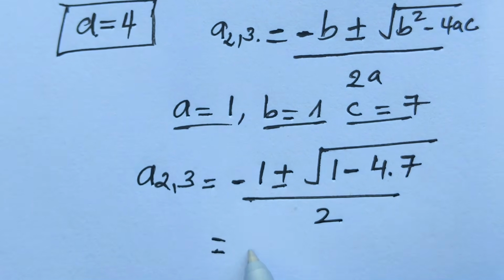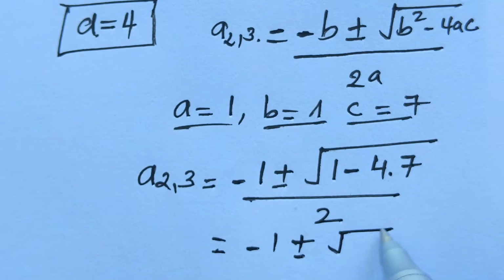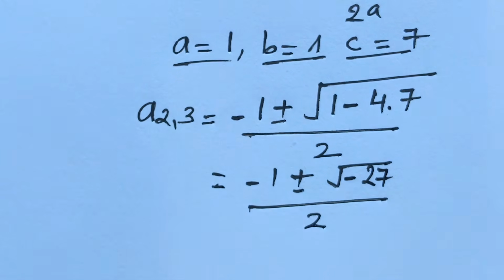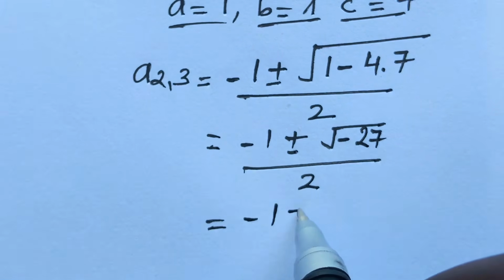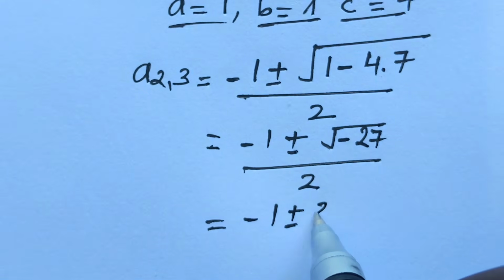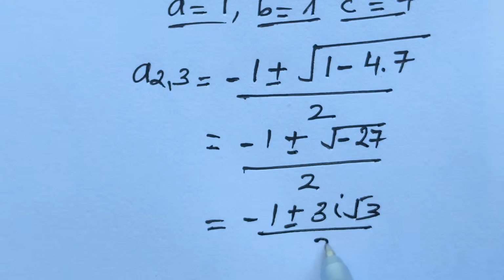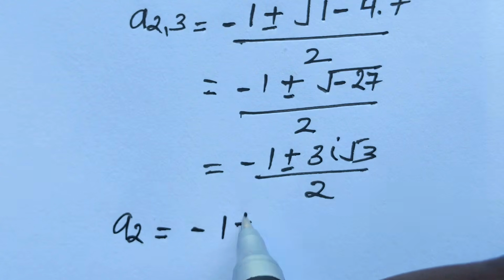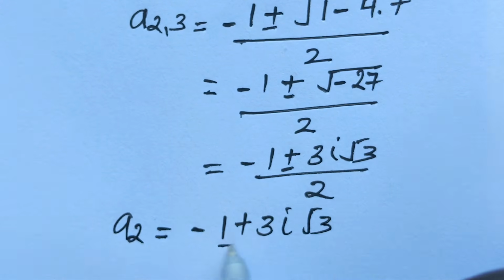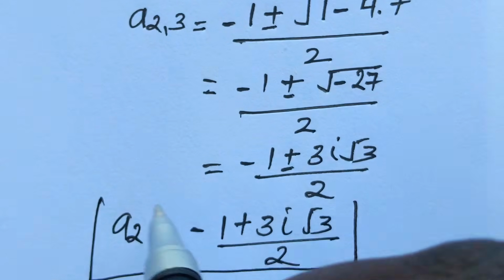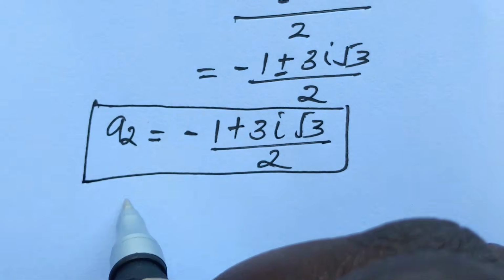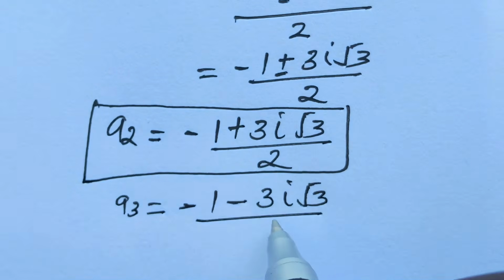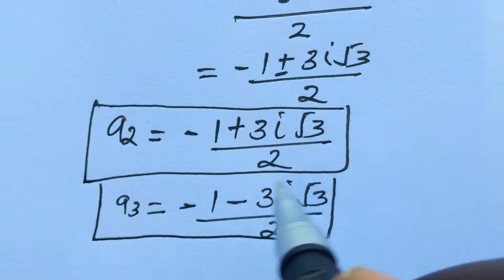This will be negative 1 plus or minus the square root of negative 27 over 2, which is negative 1 plus or minus 3i square root of 3 over 2. So a2 will be (−1 + 3i√3)/2, and a3 will be (−1 − 3i√3)/2, as we have it right here.